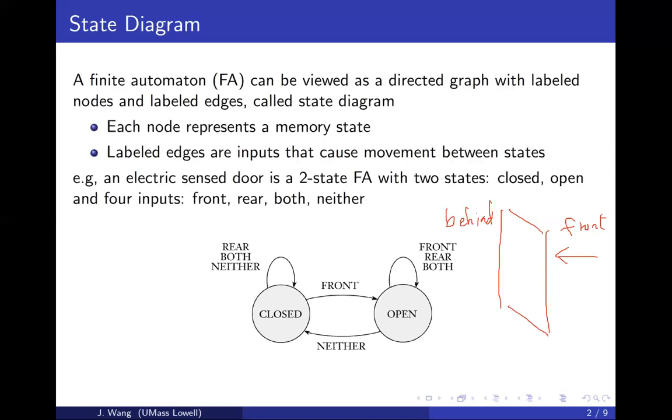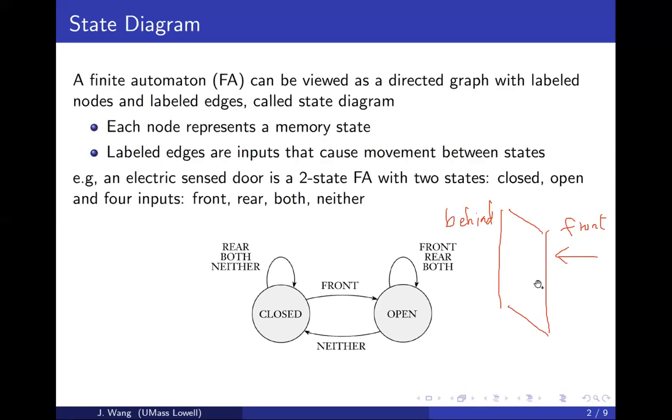And then there are four inputs for the door. A person could be coming in from the outside, wanting to go to the other side, or a person could be near the door behind it, but of course the door cannot open if the person is behind the door.